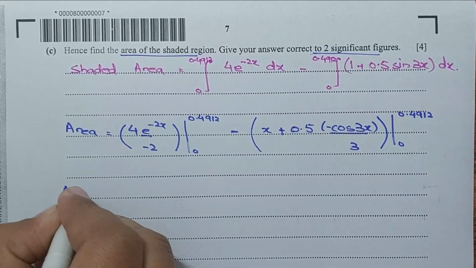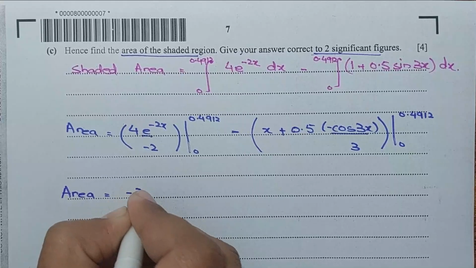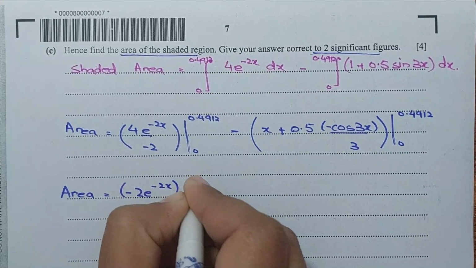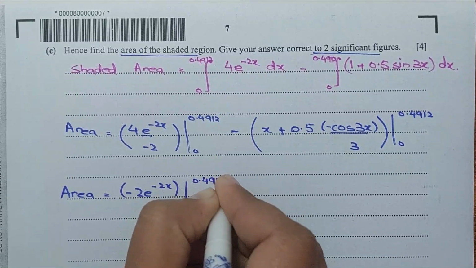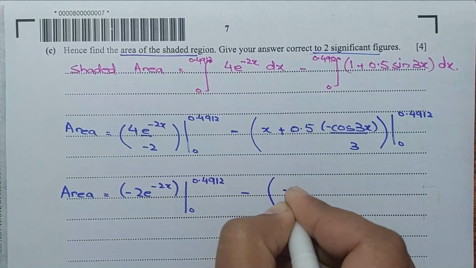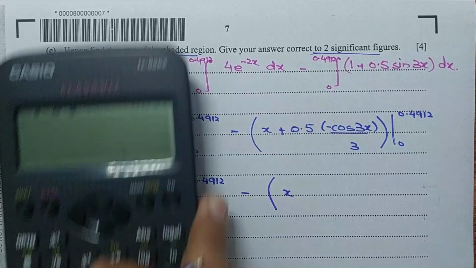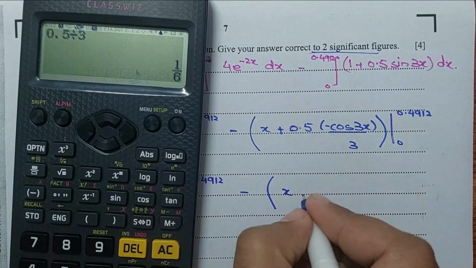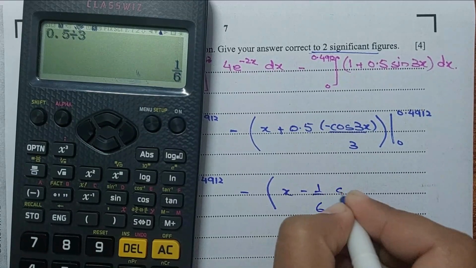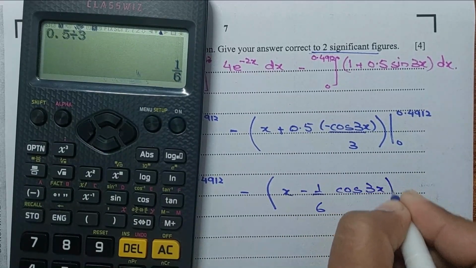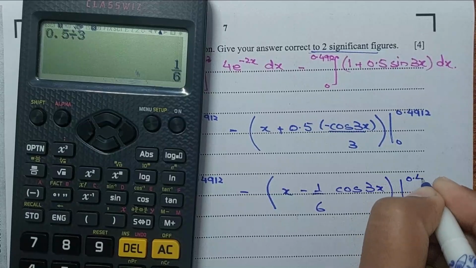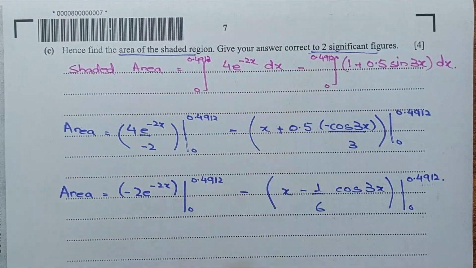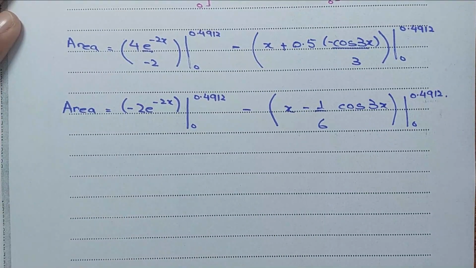So simplify, the area becomes minus 2 e to the power minus 2x from 0 to 0.4912. Subtract, we have x, and what is 0.5 divided by 3? 1 over 6. Minus 1 over 6 cos 3x from 0 to 0.4912. Okay, we need to find the area up to two significant figures. Now we have to apply limits.